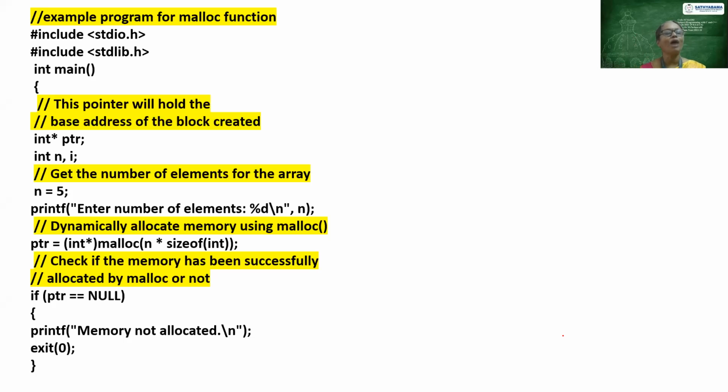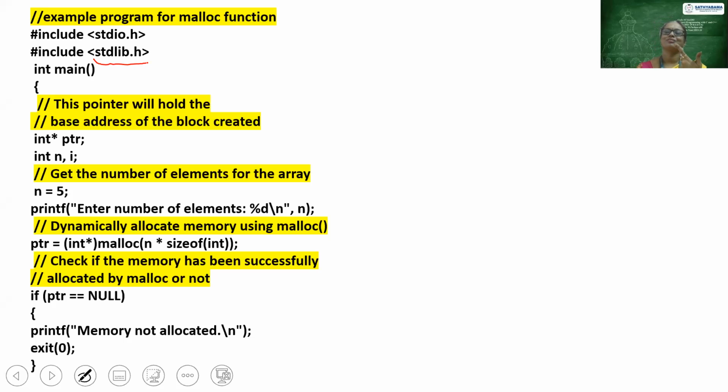Okay. Now I will explain how the program is executed using malloc. We all know that. Why stdlib.h? Standard library. Why am I including this stdlib.h? It is a header file.